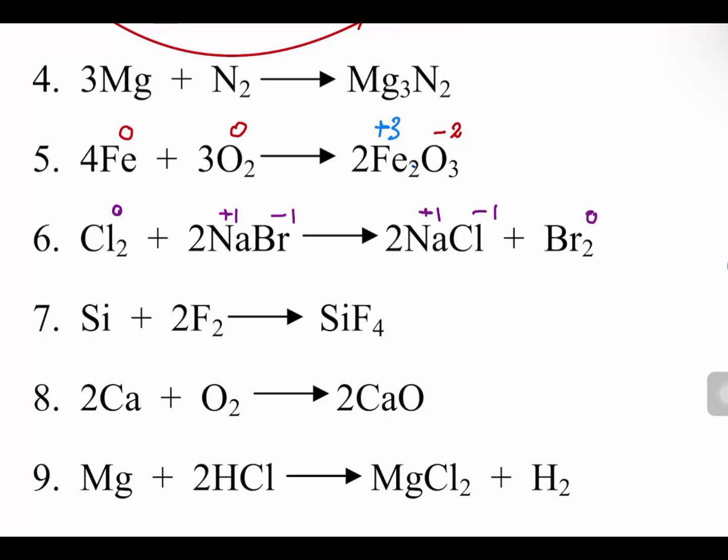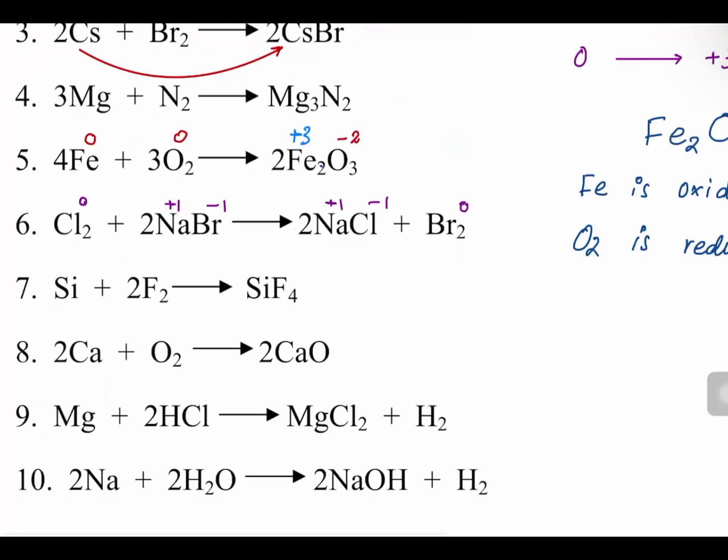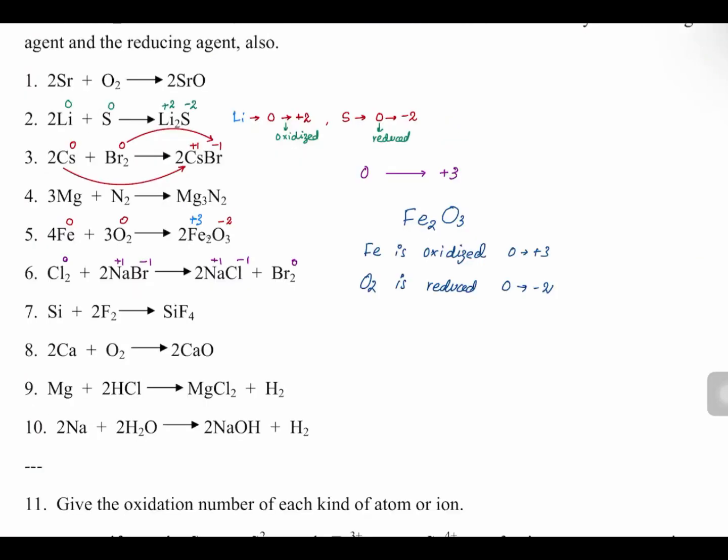Why are you not going to consider the sodium? I would tell you the sodium is +1 in charge. So I'm going to solve this question over here. Chlorine is changing from 0 to -1, and bromine is changing from -1 to 0.